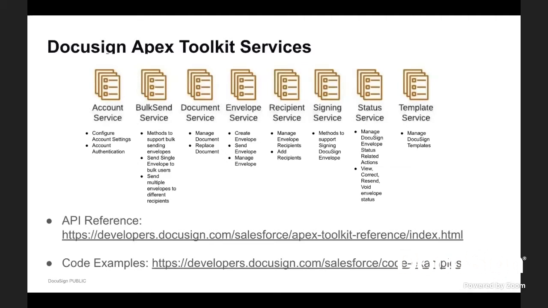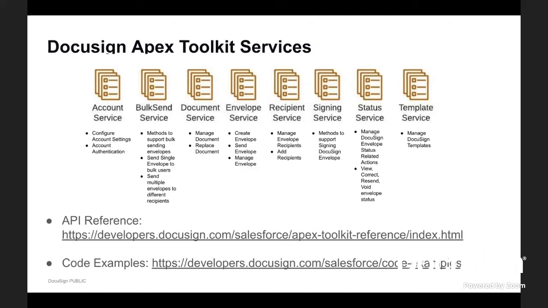The DocuSign Apex Toolkit has a rich set of API references, which can be found on our developer site. These are the services that are currently available. Some that are predominantly used are account services, which help you configure your account settings and also allow the customer to integrate the DocuSign authentication flow within their custom flow seamlessly.